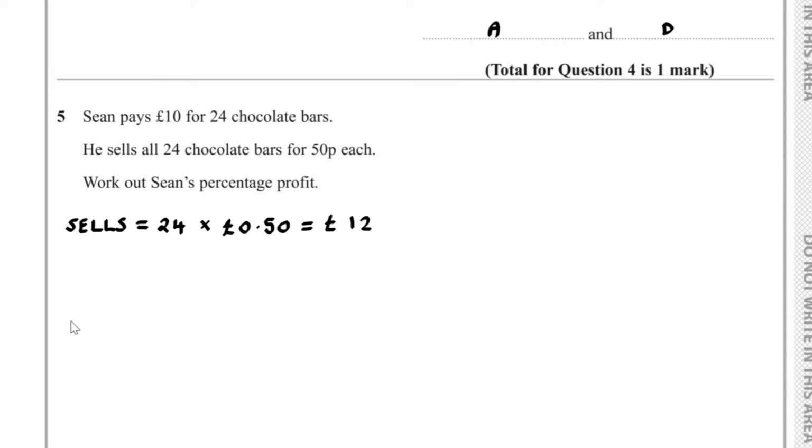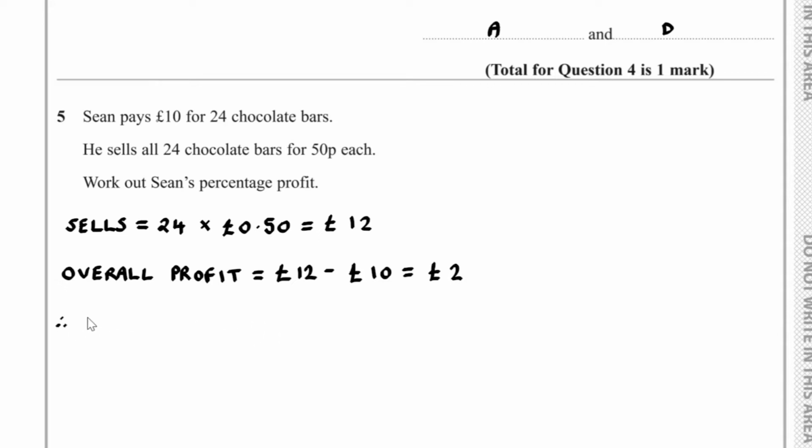We can now find the overall profit. The overall profit is equal to £12, subtract the £10, which is what he pays. His overall profit is £2.